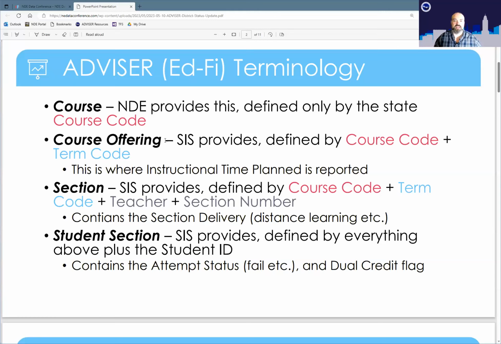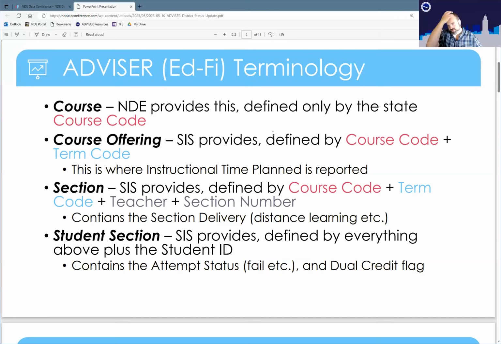Now, the first thing that you in the SIS upload to us in advisor is the course offering. And this is kind of a weird data element. I don't know if a lot of people think of the data this way, but the course offering is defined by that state course code plus a term code.